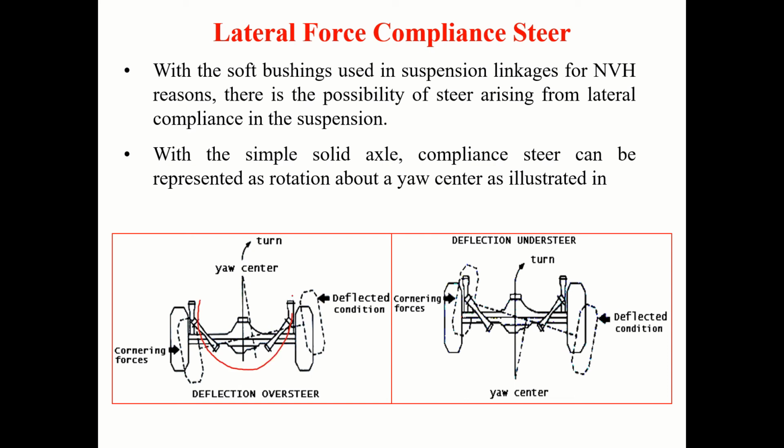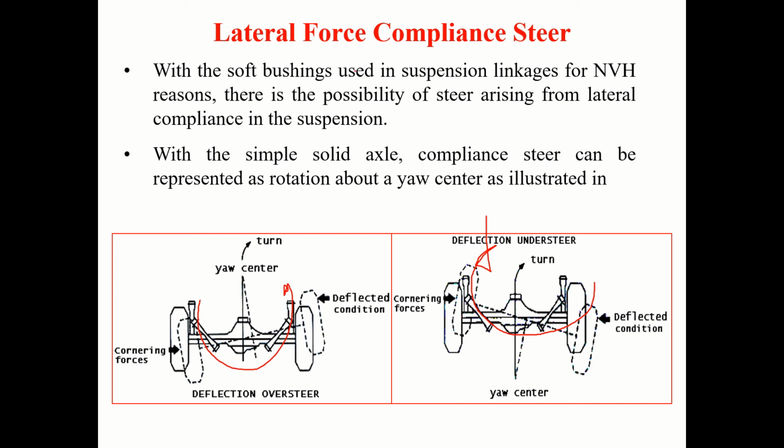So really it will go like this about the center. This may rotate like this or it may rotate like this. That is the thing, because of soft bushes. So this is what we call lateral force compliance steer.